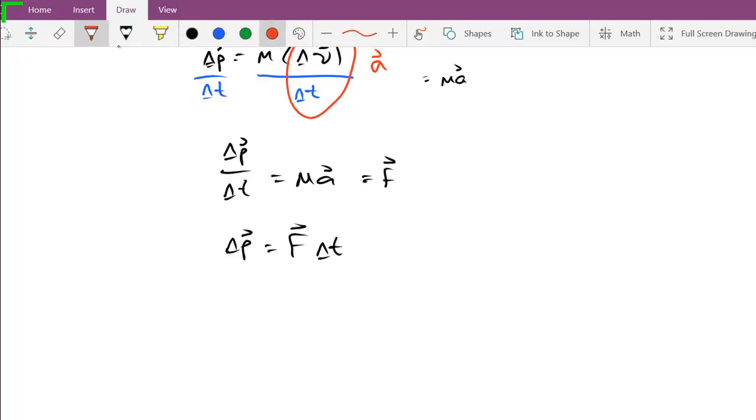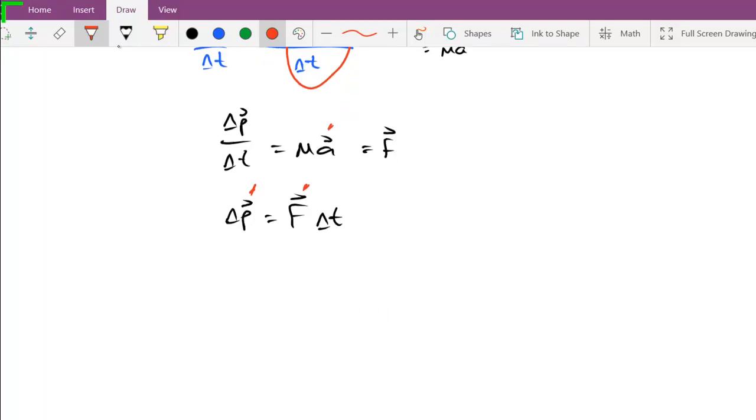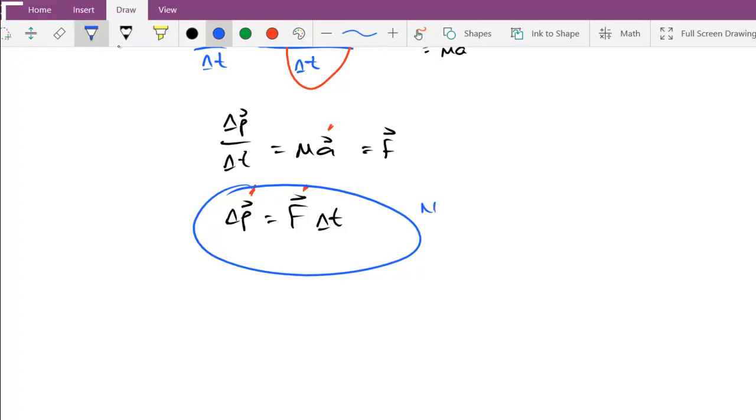And we can see that the direction of our change in momentum is the same as the direction of our force, which is the same as the direction of our acceleration. So a change in momentum is a force applied over a time interval. This is actually Newton's second law, all it is rewritten in terms of momentum as opposed to acceleration.